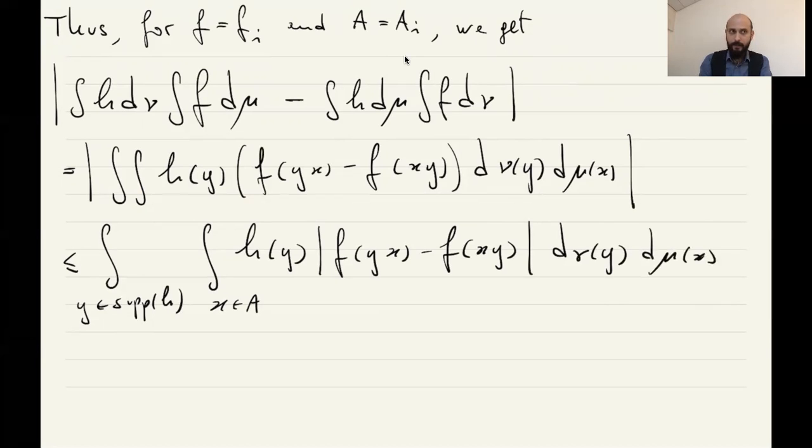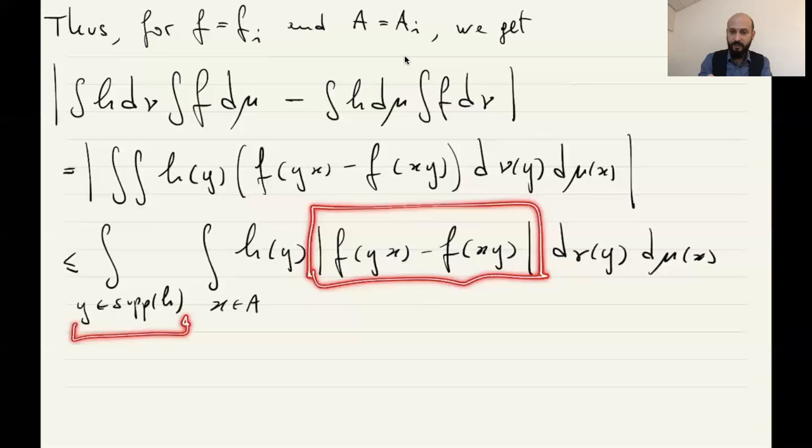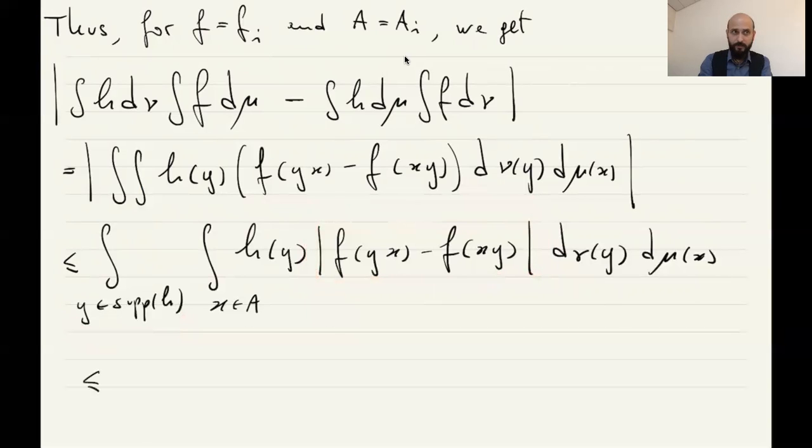Okay. Now remember that if y is in the support of v, we chose it in such a way that this difference was less than epsilon. So this was this equation right here, plus the fact that the support of h was in the set v, we're going to bound this.